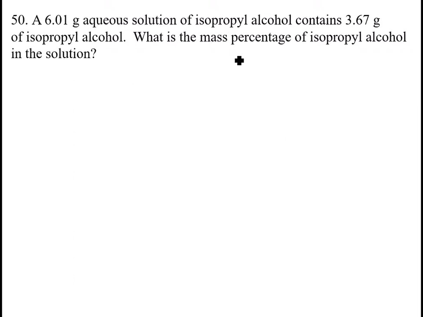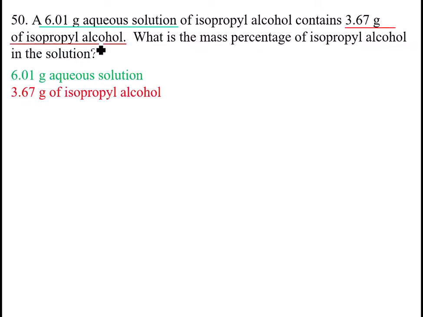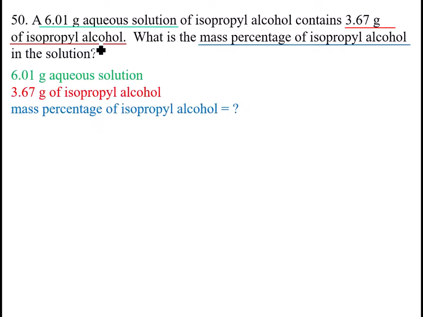Because it wants the mass percent of isopropanol, that automatically identifies the 3.67 grams of isopropanol as my part. When doing numerical problems like this, I write down all my amounts and identify them: 6.01 grams of an aqueous solution, 3.67 grams of isopropyl alcohol. And I also write down what I want, the mass percent of isopropyl alcohol.